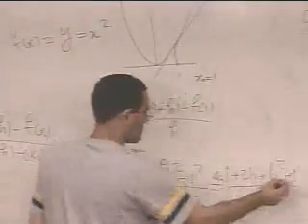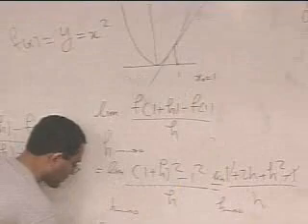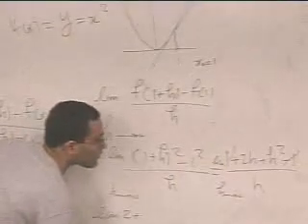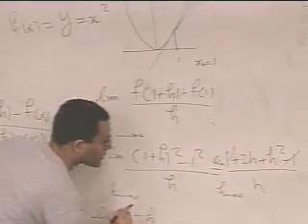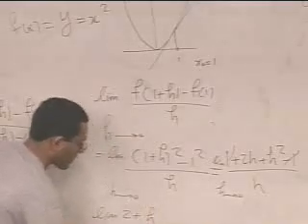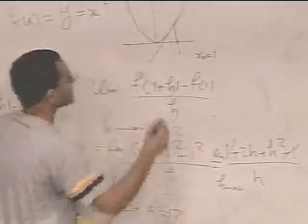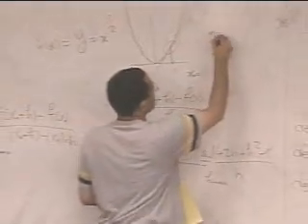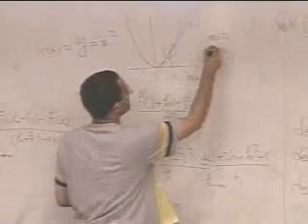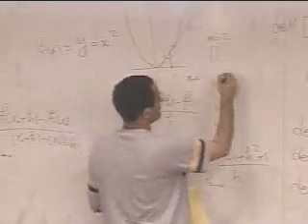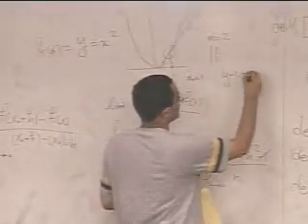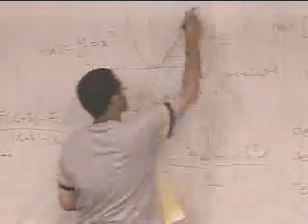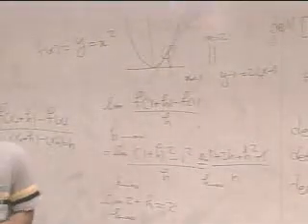Taking the limit, it will turn out to be the limit of 2 plus h as h goes to 0, which gives us 2. So the slope of the line which is tangent to our curve is 2. So the equation of that line would be, well, we have a line with slope 2 which passes through the point (1, 1). So the equation would be y minus 1 equals 2(x minus 1). So this will be the equation of the line which is tangent to our curve.